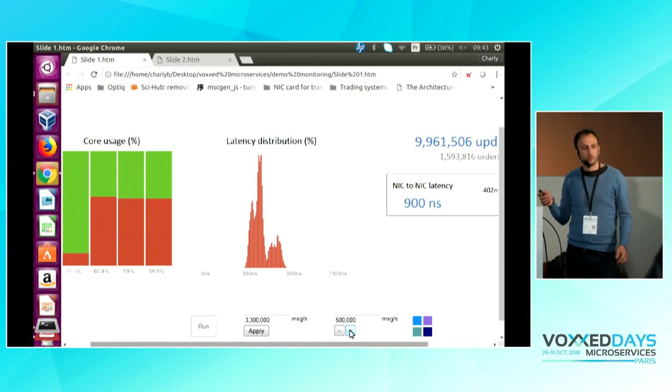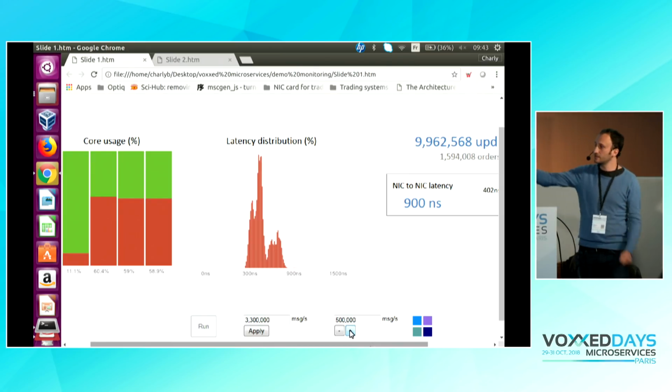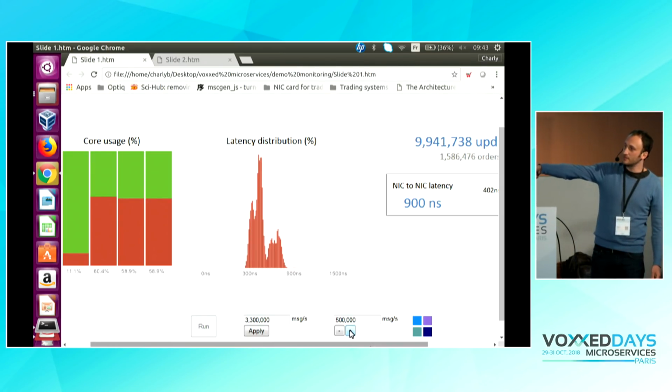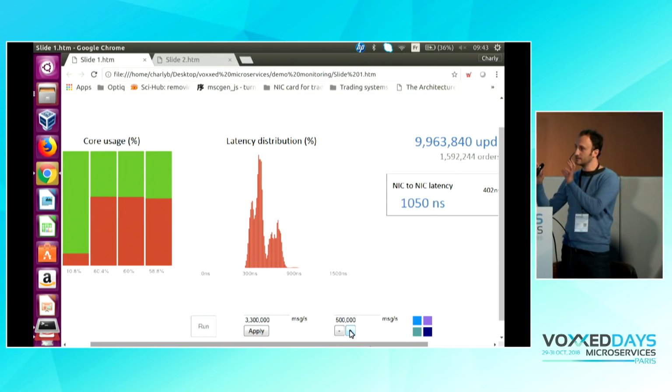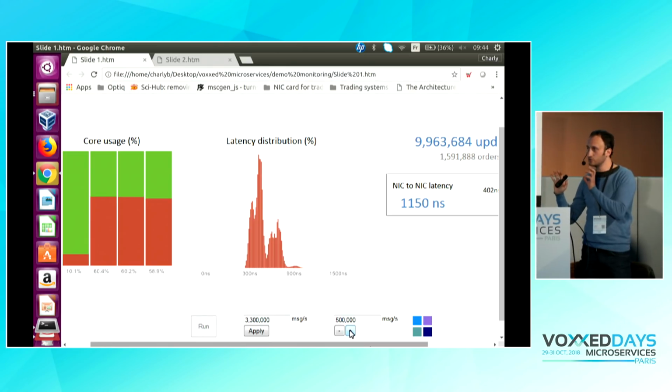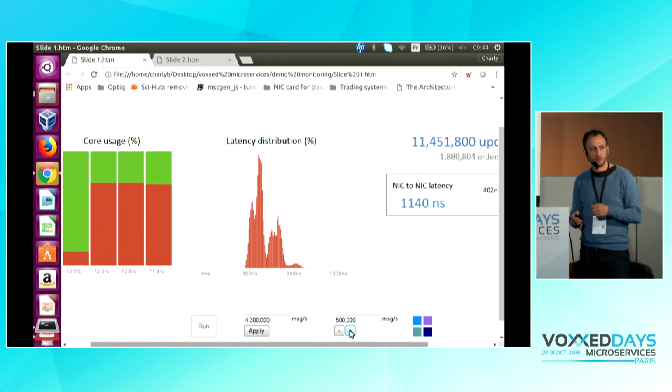The pattern about how to know the charge of the CPU, the useful charge of the CPU, it's exactly that. You see that we use 60% of the CPU, and we can increase the throughput. So this demonstration is just to show that it is possible to do what we are saying. So you can have the best performance and you can monitor everything.